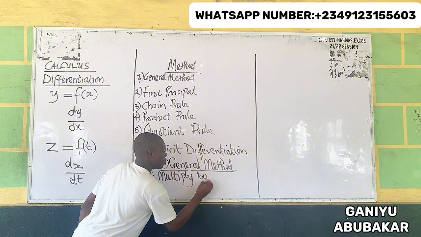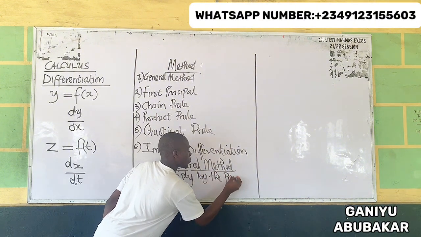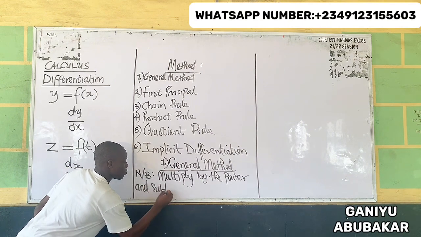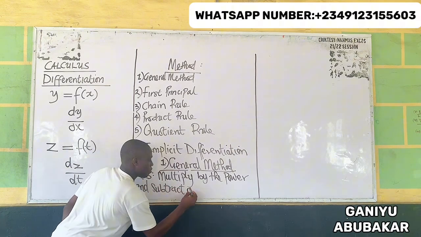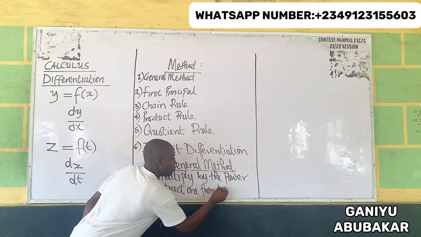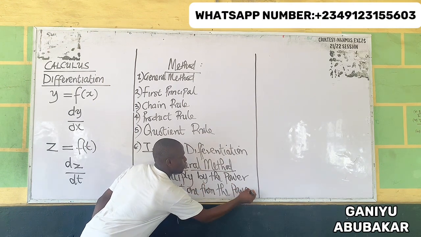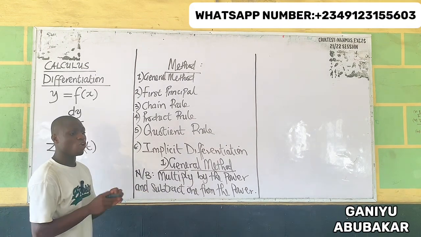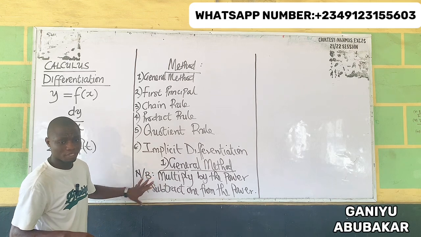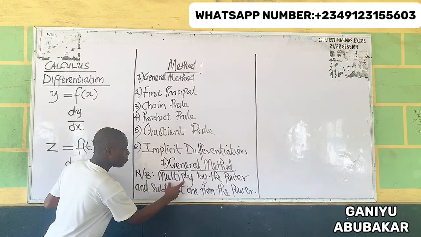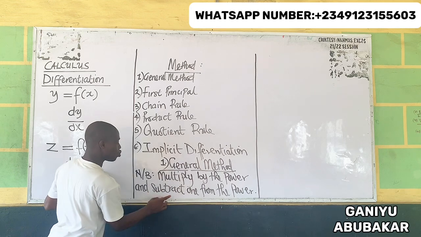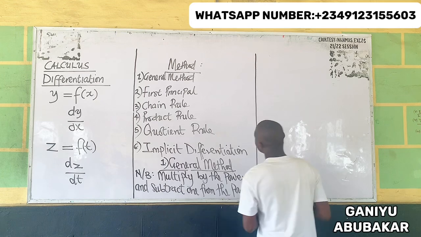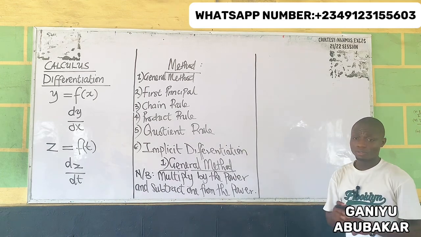This is the key word to note when solving problems under the general method. What's the key word? We said multiply by the power and subtract one from the power. This is the key word to note. Let's take an example.